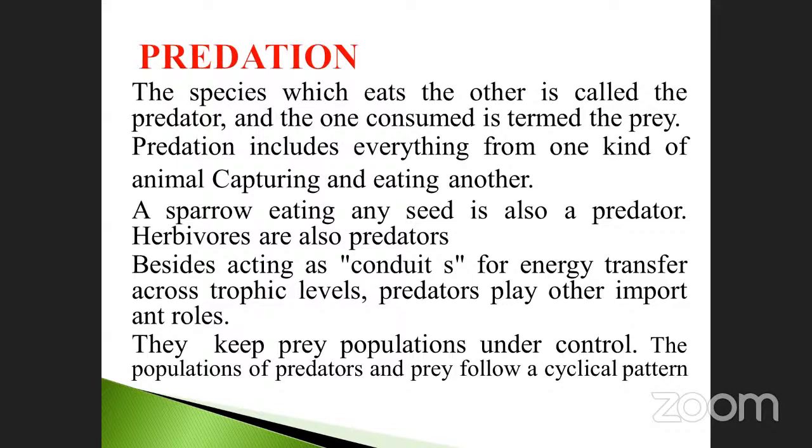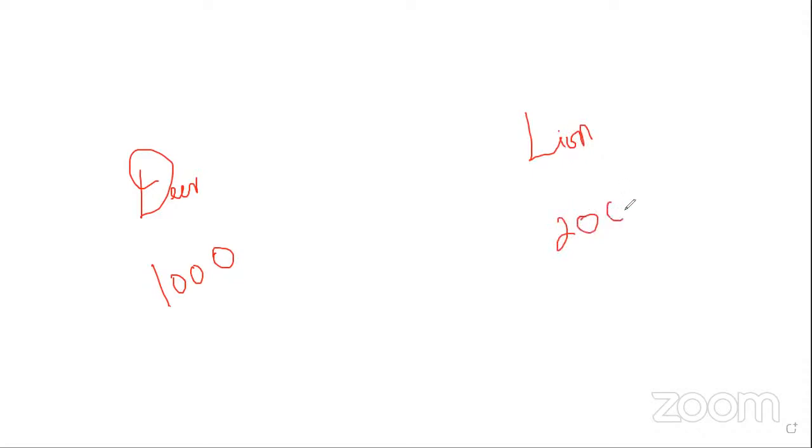Suppose take an example of deer. Imagine, okay, here 10,000 is there. Simply we may calculate 1,000. Okay, here lion is there. Lion, take an example of 200, imagine.